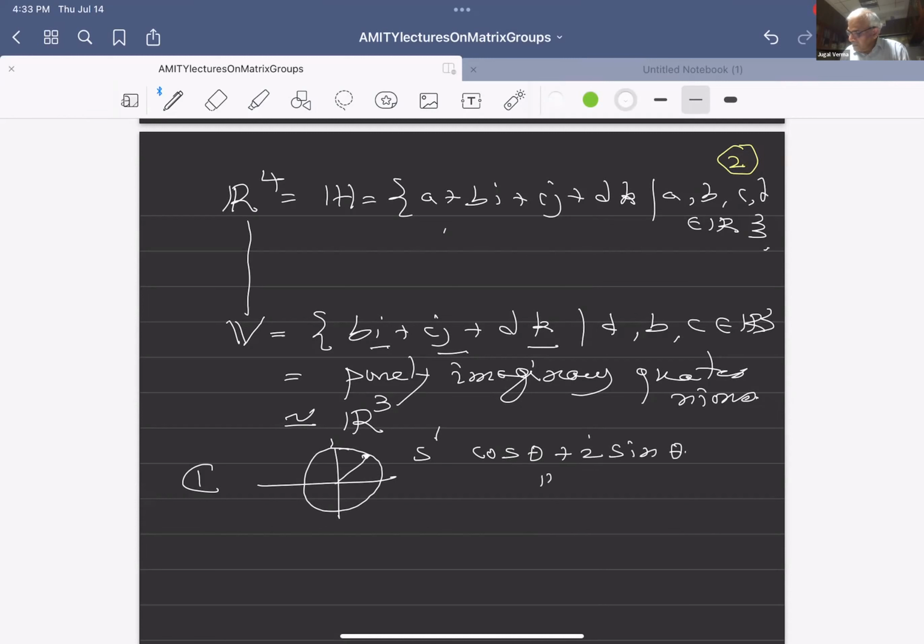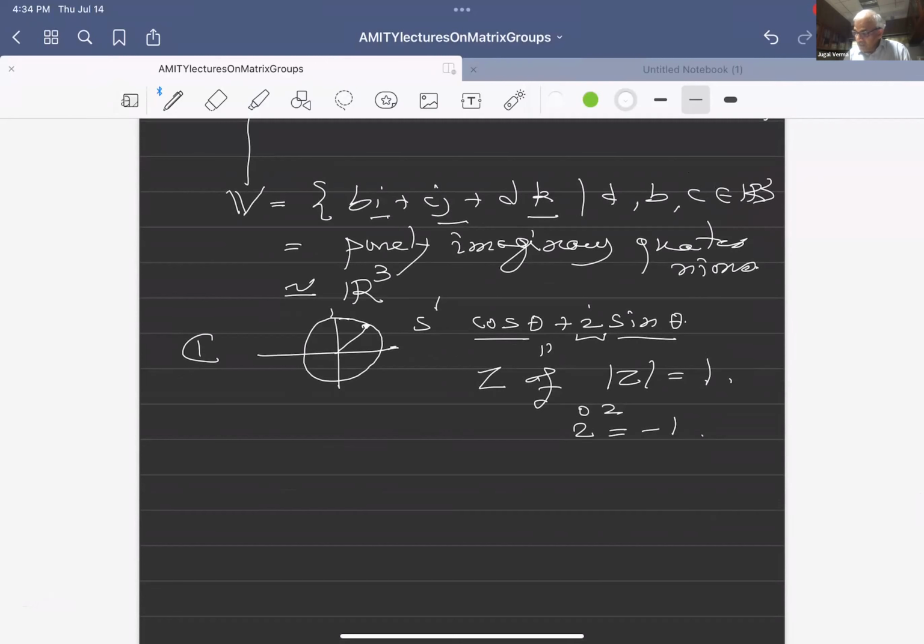These are complex numbers of absolute value 1, and i squared equals -1. So all complex numbers of unit absolute value can be written as linear combinations of 1 and i, with scalars cos theta and sin theta. We want to do the same thing for unit quaternions. Can we represent unit quaternions in a similar way?